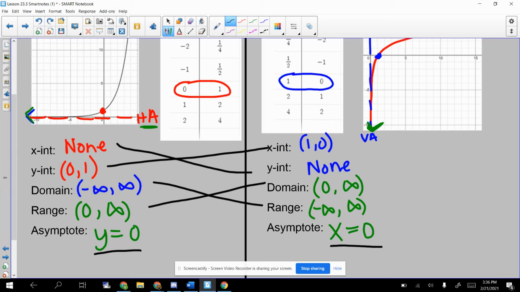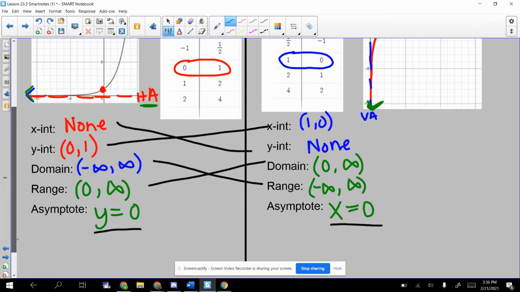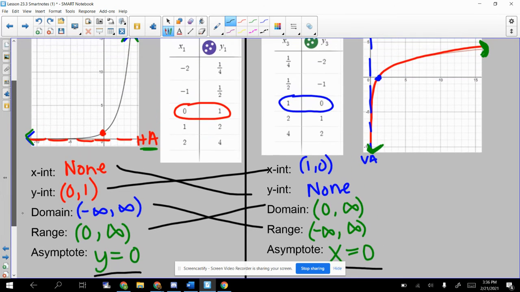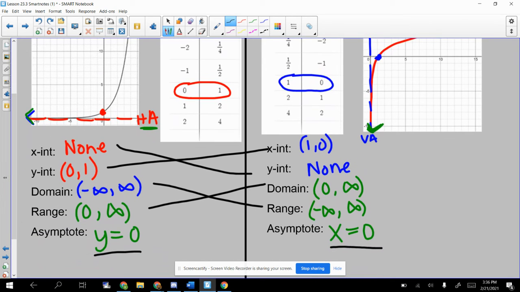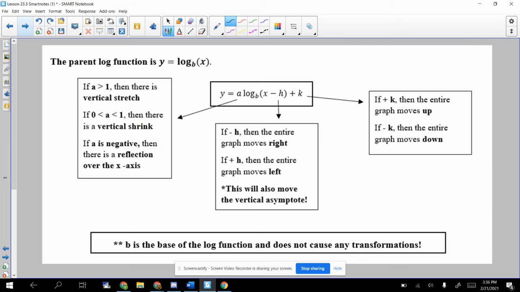And that affects the range in your exponential and the domain in your logarithmic. That's what's pretty cool about these two functions being inverses of each other: they have quite a few similarities, but a lot of the things are just flip-flopped or reversed because they are inverses of each other.